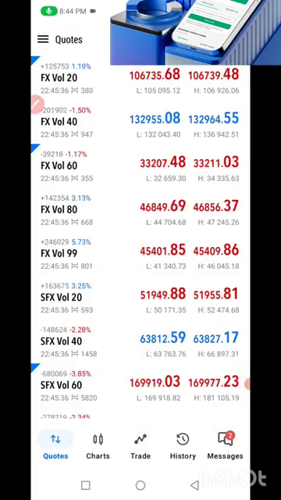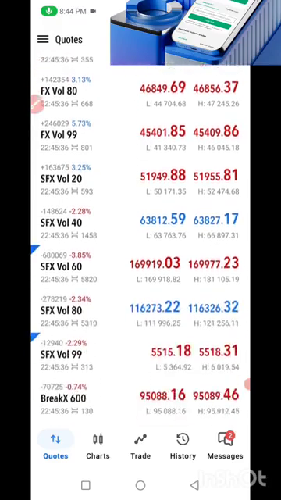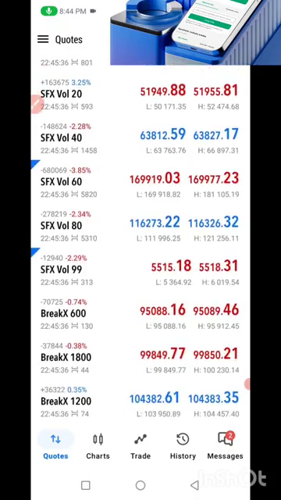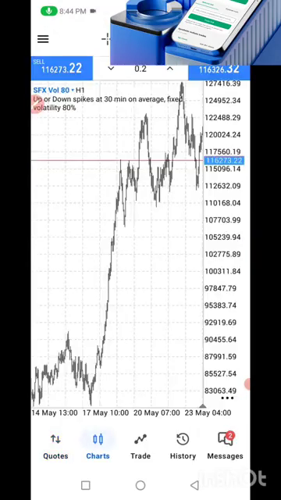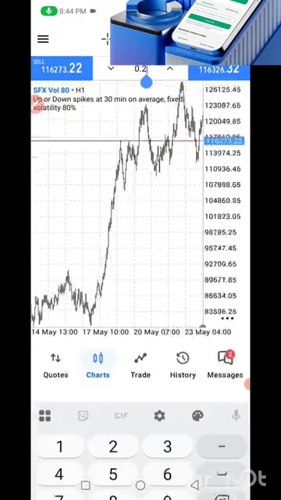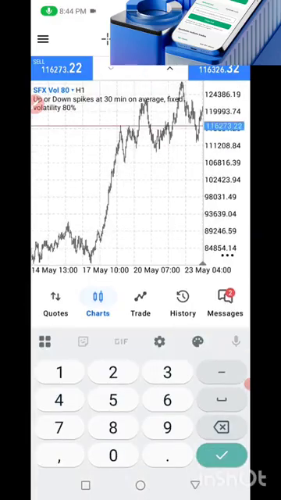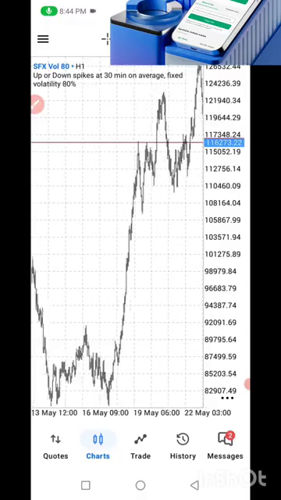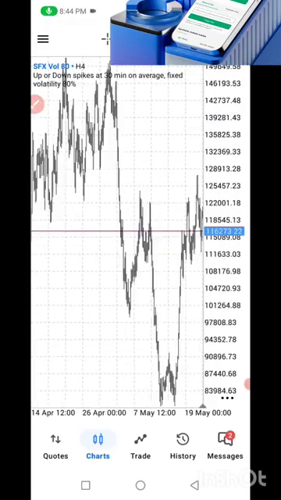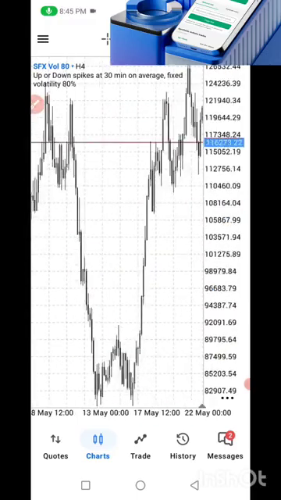Right here I want to go into the practical part of this video. Let's start with a very volatile asset, the SFS Bull 18 index. What I'm going to show you is crucial, so you're going to pay attention to this.